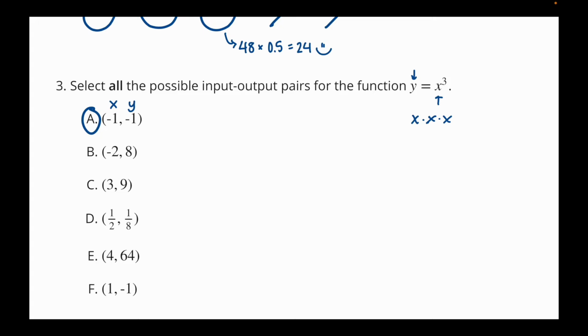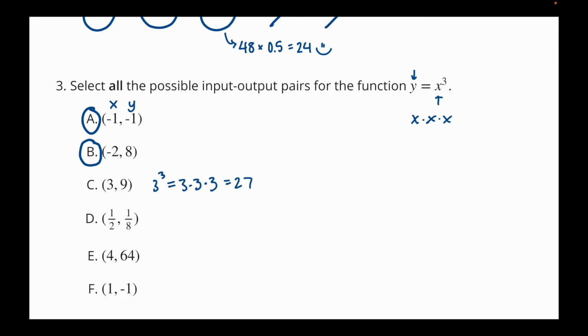The same thing is true with -2. If we take -2 and we multiply it by itself 3 times, we are going to get -8. Now, if we took 3 and multiplied it by itself 3 times, we actually get 27 and not 9, because 3 to the power of 3 is 3 times 3 times 3, which is 27.